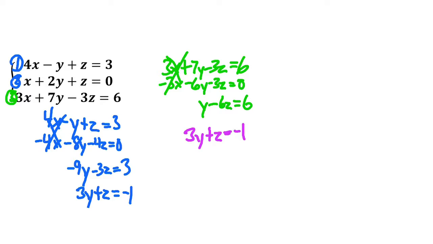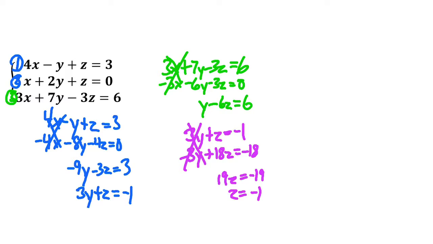So this becomes negative 3y, in this case plus 18z equals negative 18. The y's cancel out. z plus 18z is 19z. And then negative 1 minus 18 is negative 19. That means our z equals negative 1.